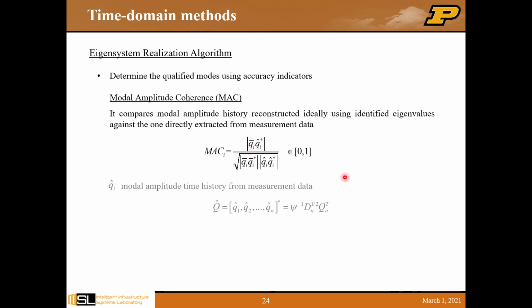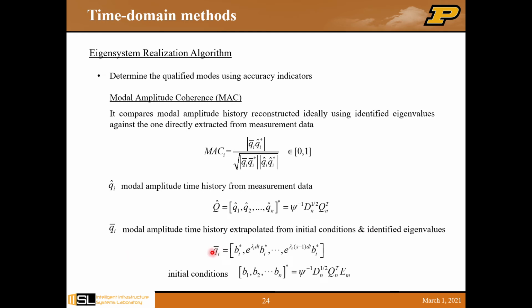Q hat is the modal amplitude time history from measurement data. It is equal to psi inverse times Dn to the 1/2 times Qn transpose. And Q bar is the modal amplitude time history extrapolated from initial conditions and identified eigenvalues. The initial conditions Bi are equal to psi inverse times Dn to the 1/2 times Qn transpose times En.